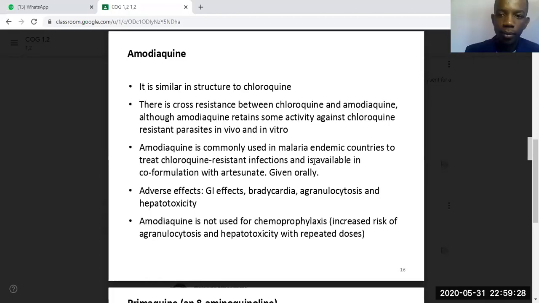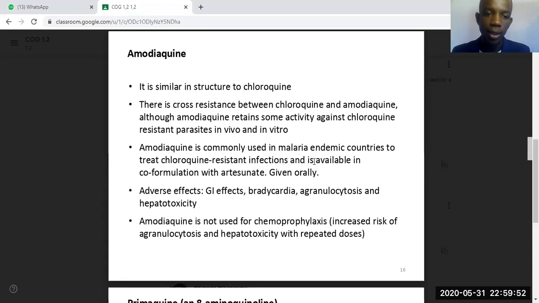The reason is simple: the structures of chloroquine and amodiaquine are very similar. So although amodiaquine retains some activity against chloroquine-resistant parasites in vitro, cross-resistance is usually the case.